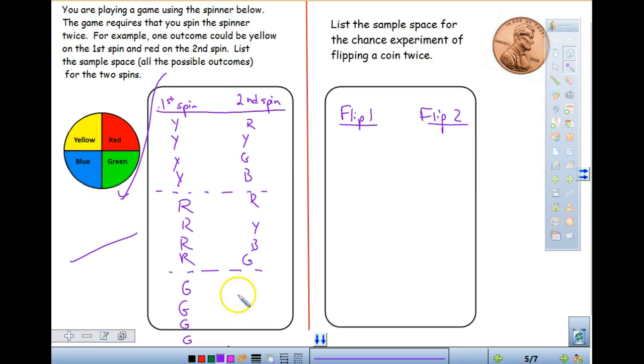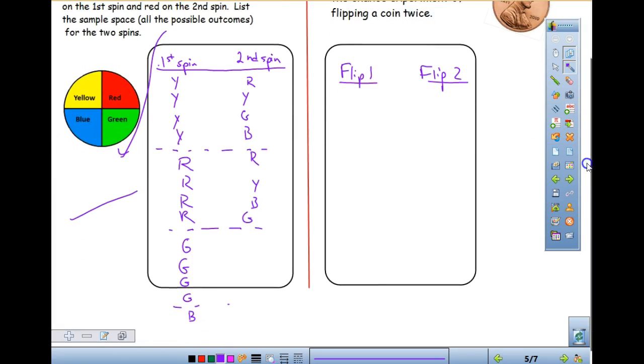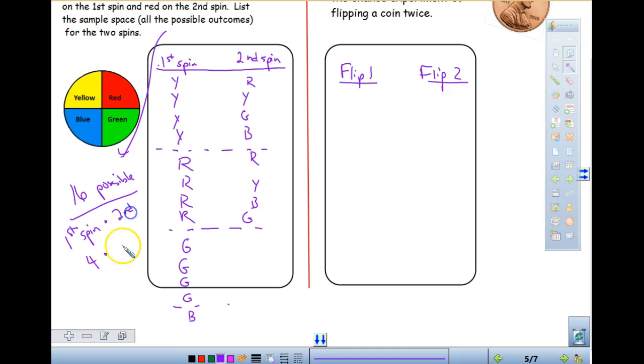Now in this one, what you should have seen when you listed all of those is that you had 16 possible. If we are looking at the first spin, you had 4 possibilities, times the second spin, you had another 4 possibilities, and 4 times 4 is equal to 16.